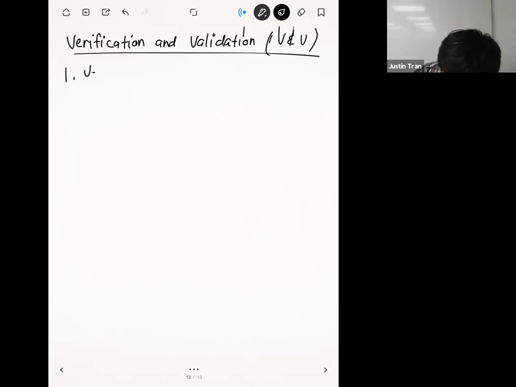First we have verification. Verification means that we're assessing the numerical accuracy of our simulation relative to the true solution of the underlying equations.